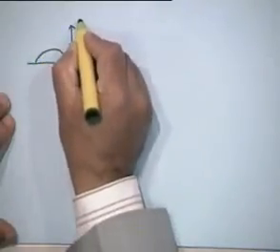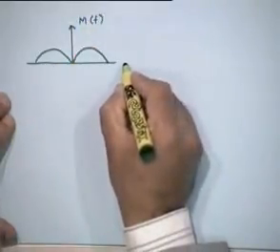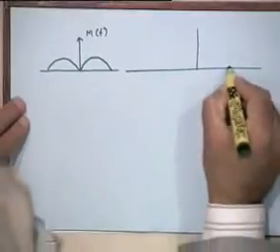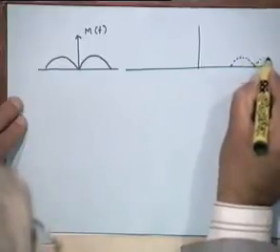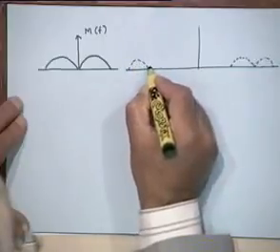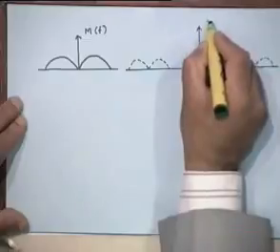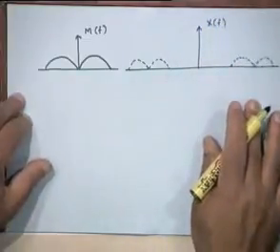if this represents the spectrum of your message signal, these are the two sidebands of the normal AM signal shown here in dotted lines, right. So, this is the normal DSB-SC spectrum, right.